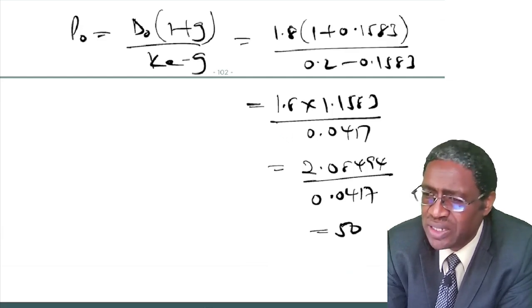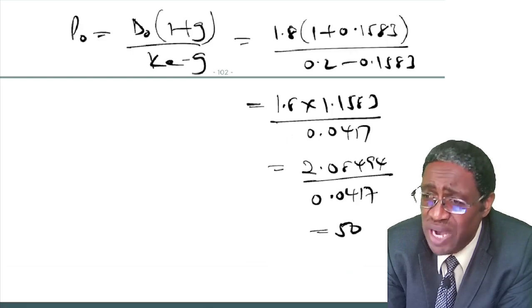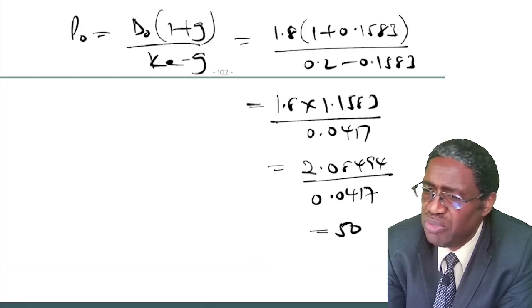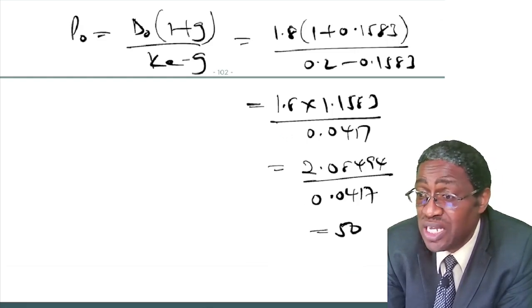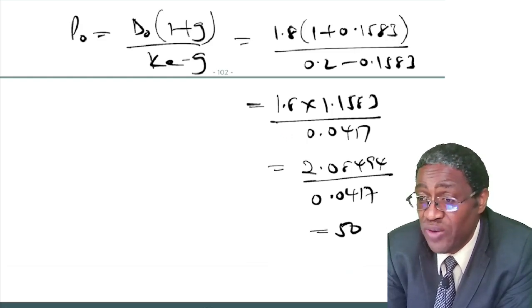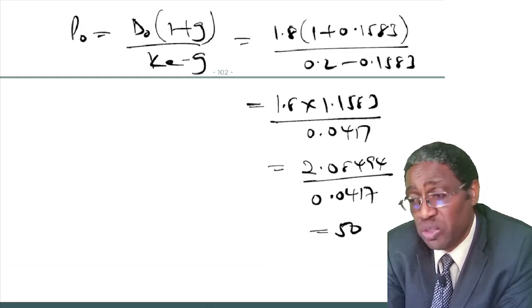But in the market, it's being sold at 55 currently. So as an investor, will you go and buy the share? Obviously, you will not, because you think the share is overvalued. They are currently selling it at 55, while it should be sold at 50, the true value. So the share is overvalued, and therefore you should not buy the share.